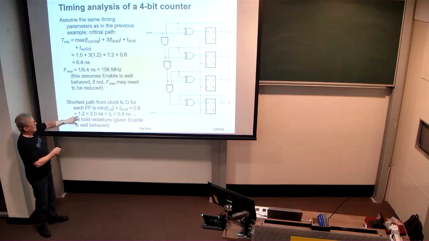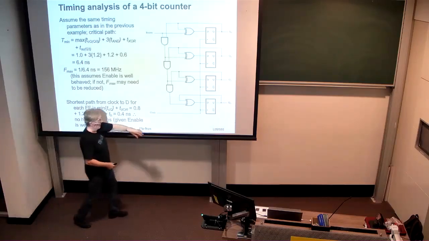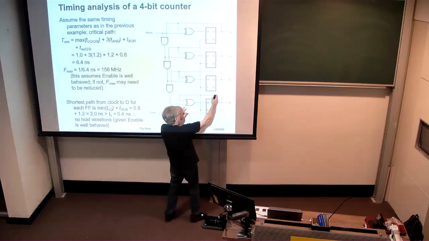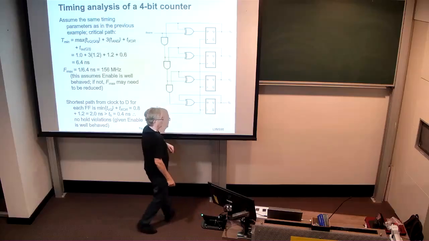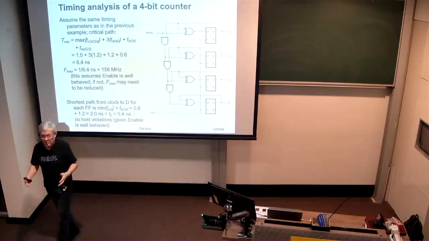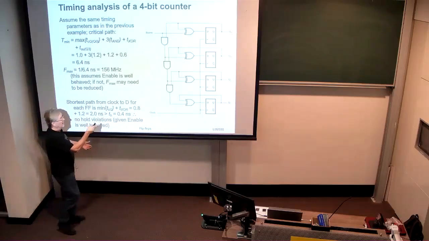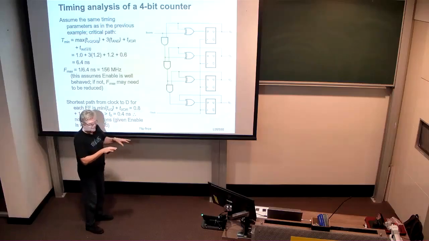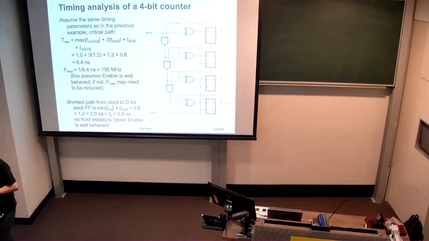That's 2 nanoseconds, which is obviously much greater than 0.4 of a nanosecond. The hold time's only 0.4, so we've clearly satisfied the hold time, assuming enable is well behaved, right? Because it could be that enable gets changed at a bad point in time, and that means D gets upset much sooner than the 0.4 nanoseconds.